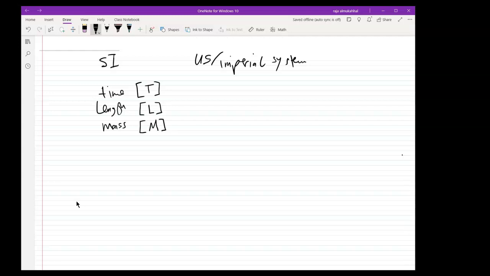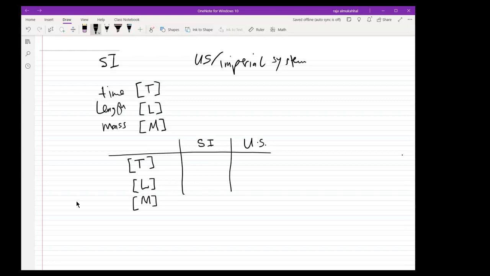Now, if I make a table with two columns here, one for the SI, the International System of Units, and the other one for the US Customary System, we have the time, T, length, and mass.